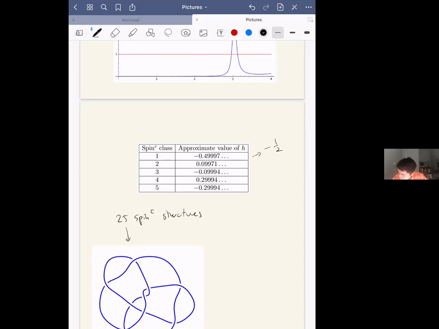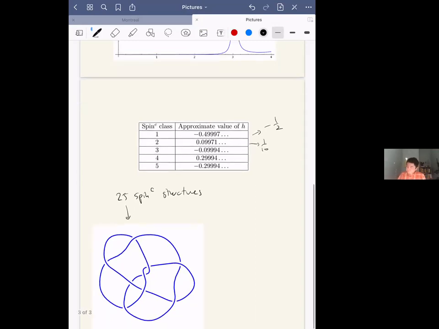This is very close to 1/10, and so on. Okay, so we're almost there in our computation. Computing this eta invariant, we cannot compute it exactly, but you can compute it very closely. And these numbers that we get are the ones that Manolescu and Owens found almost 20 years ago.